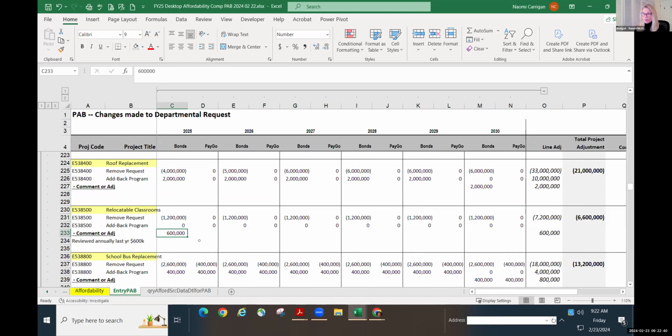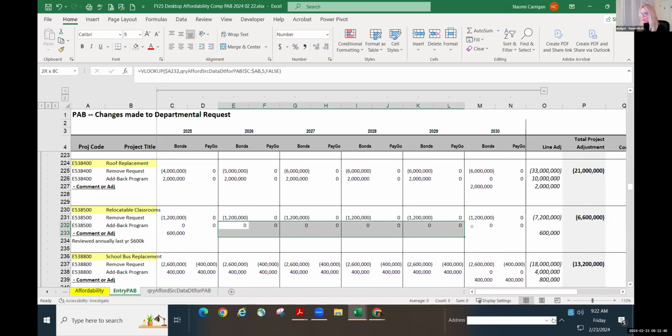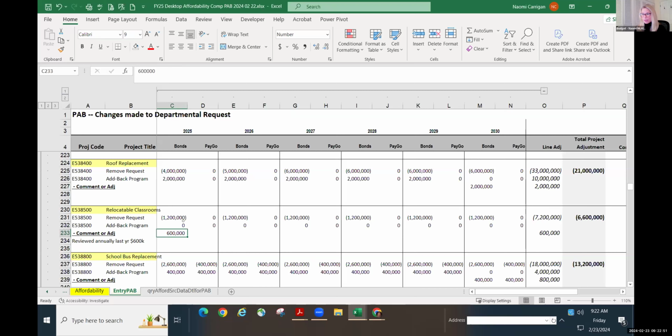Last year, this capital project received $600,000 in funding. And again, the out years were brought to plan, which was 0. So the question becomes, do you want to fund this capital project? If so, what dollar amount? And like I said, I just provided the 600,000 as a guideline, just a reference point for you to know what it was last year.